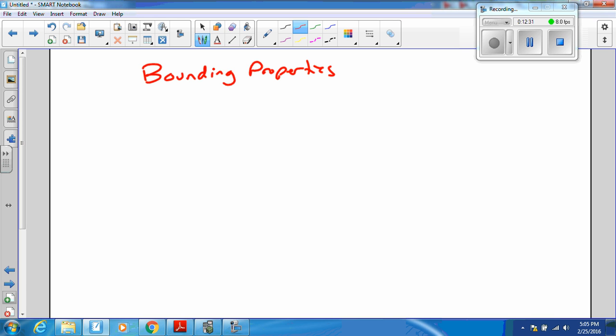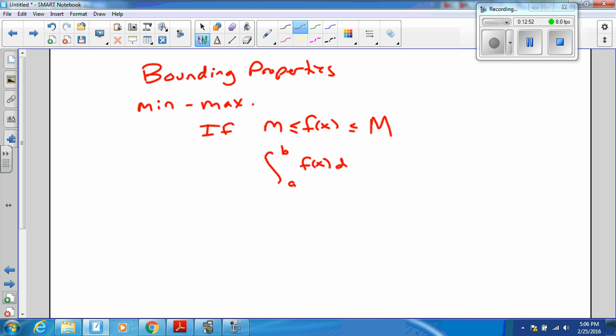The first bounding property we can call the min-max property. And that is this. If f of x is trapped between a minimum value and a maximum value, then the integral of f of x from a to b is trapped between the area enclosed by the max and the area enclosed by the min.